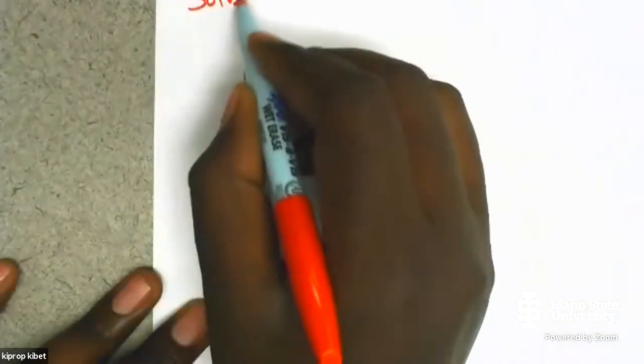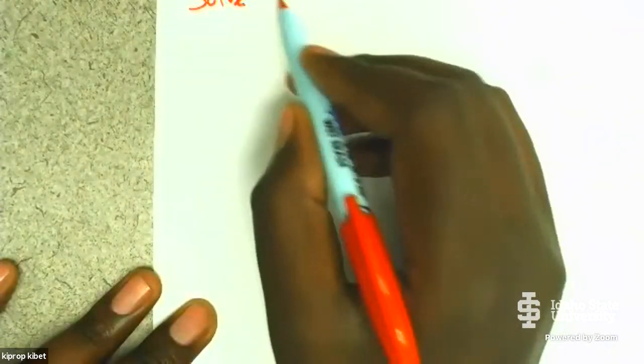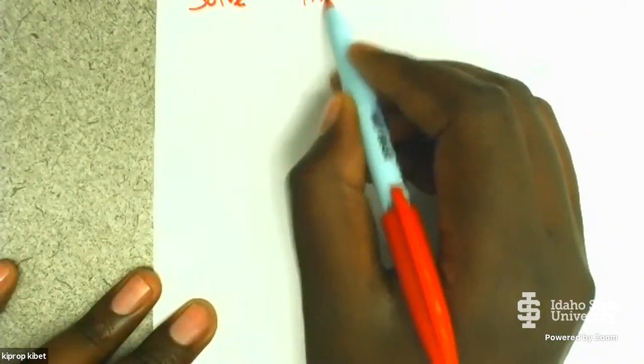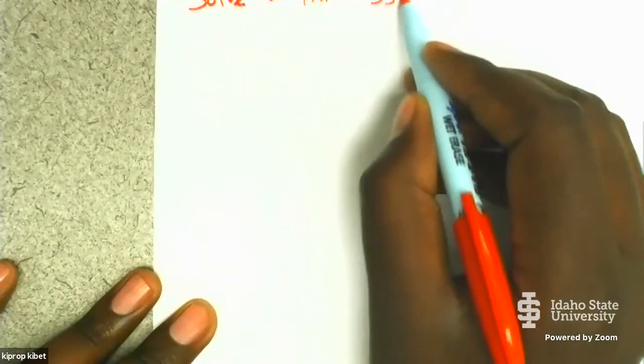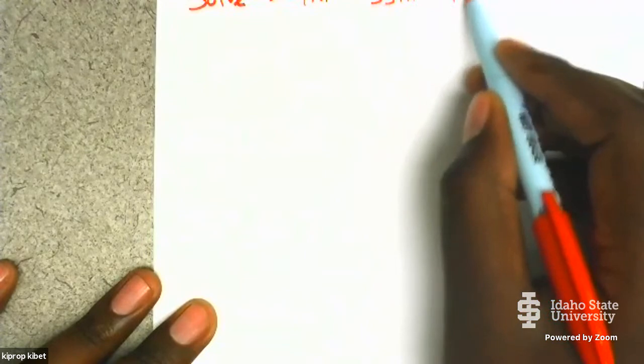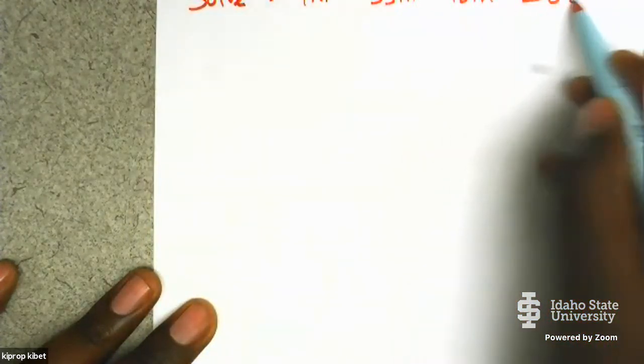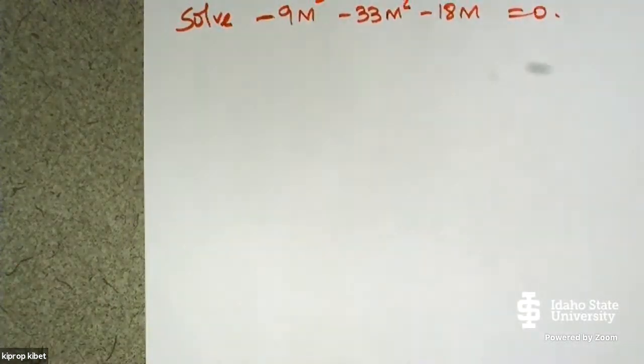Okay, now, if we are given these to solve: -9m³ - 3m² - 18m = 0. How do we do this?